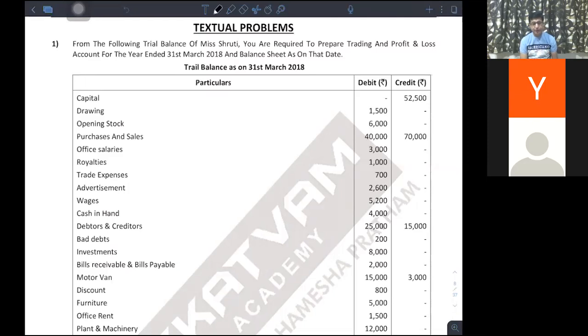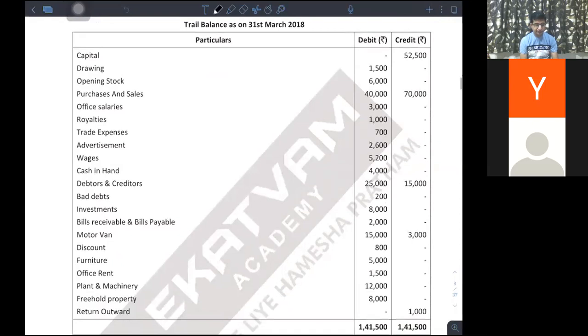Now what you should be doing, you should first read the question. So let's go into the question. The trial balance as on 31st March 2018. Capital is given to us. All the personal accounts will have either debit balances or credit balances. Personal accounts having debit balances are the receivables. Personal accounts having credit balances are the payables.